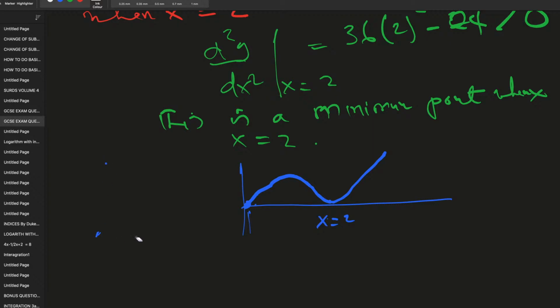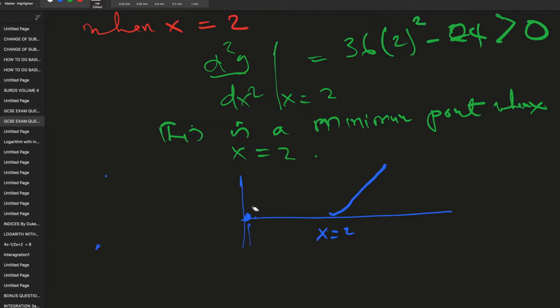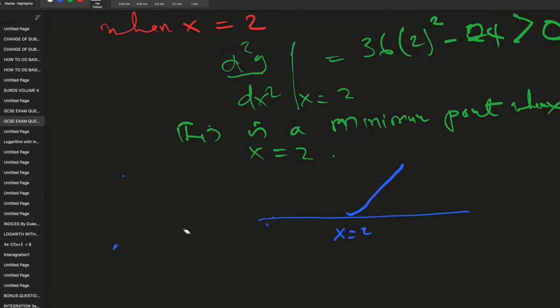When x equals 2, it is a minimum point. When x is 0, we have 1 here, and at that point was the maximum point, so it will go this way.